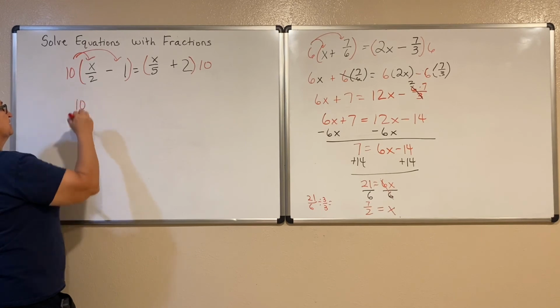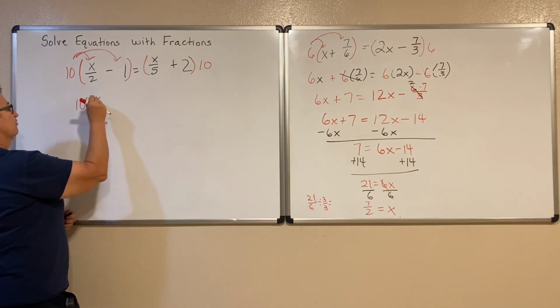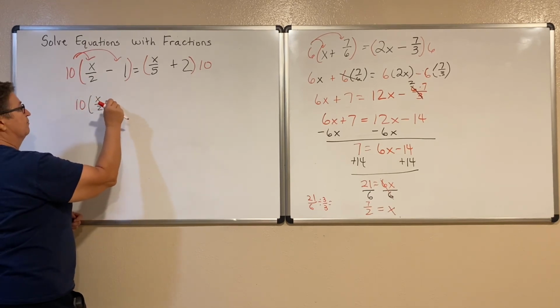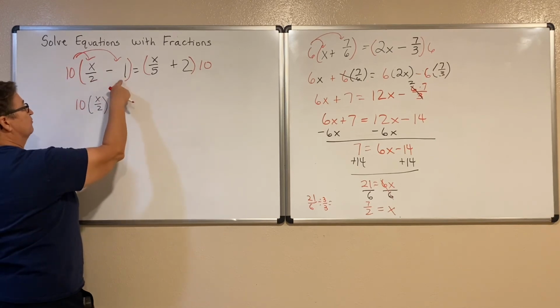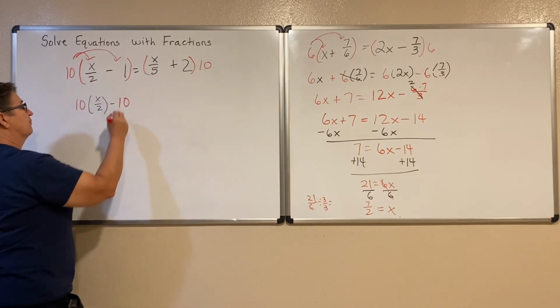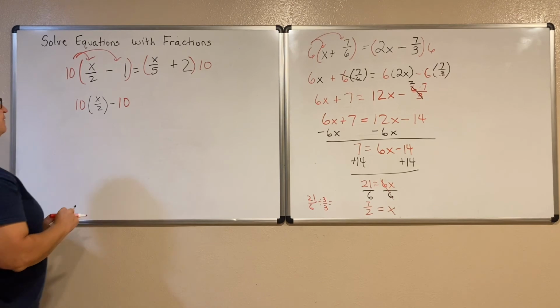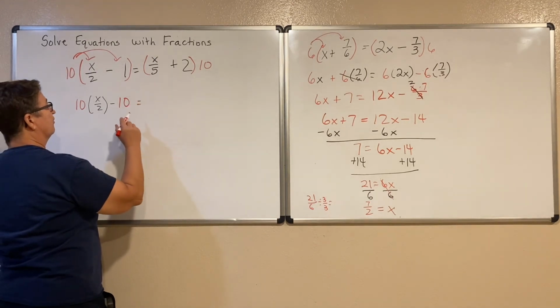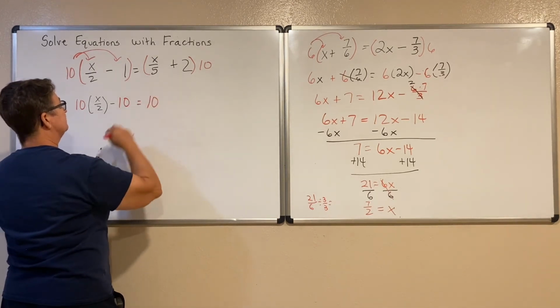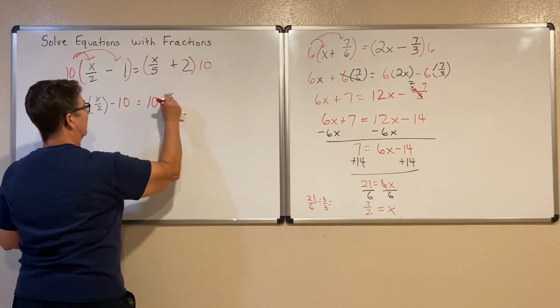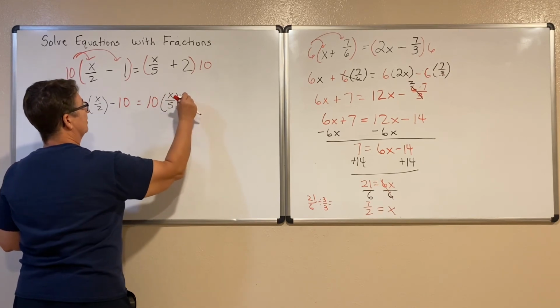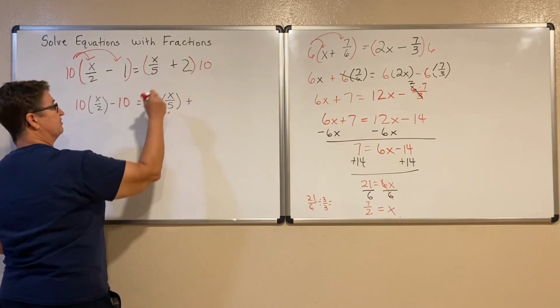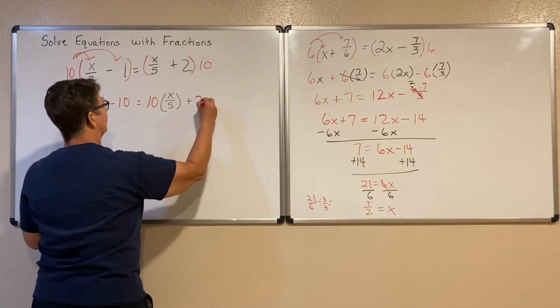So 10 times x over 2, or x halves, minus 10 times 1 is just 10. And then on the right, I have 10 times x over 5, or x fifths, plus 2 times 10 is just 20.